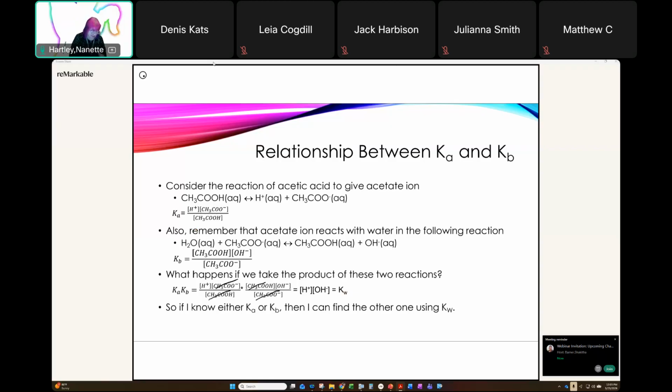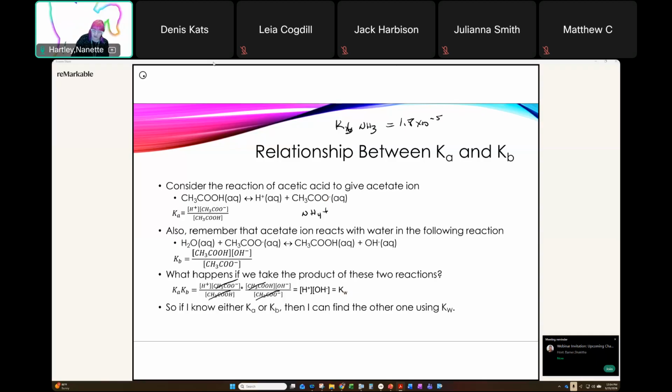So for instance, when we talked about NH3, the Kb for NH3 was equal to 1.8 times 10 to the minus 5th. But if I needed to know what the Ka was for NH4 plus, I wouldn't find that tabulated anywhere, but I might need to know what its value is at some point.